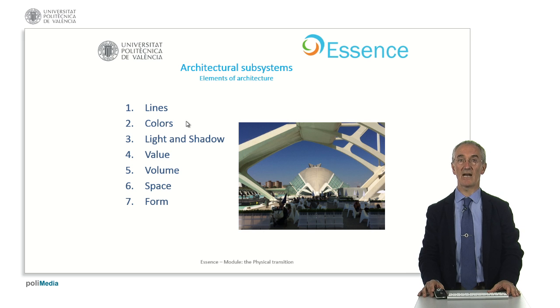Lines and colors are interactive, like is the case here in the City of Arts and Sciences, providing a nice environment which is shaping how we see and feel within the building. Light and shadow is not only a nice approach, but also a functional one, because we need light for working, and we should introduce the value of the work we are performing at these buildings by selecting rightly the shapes and elements in the building.